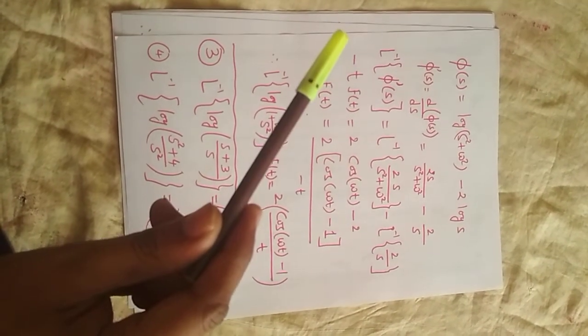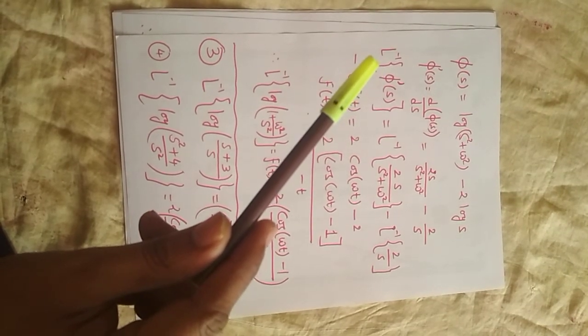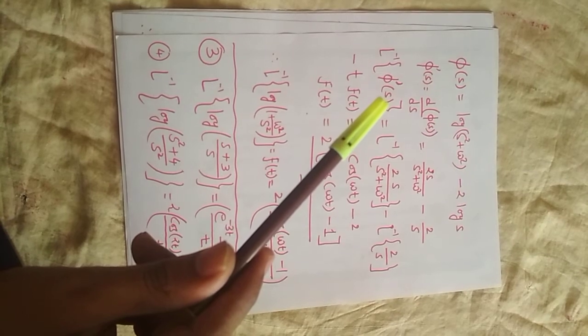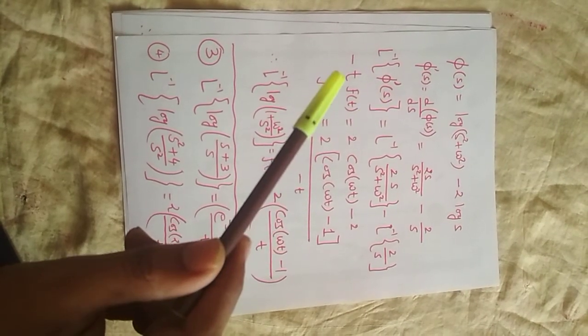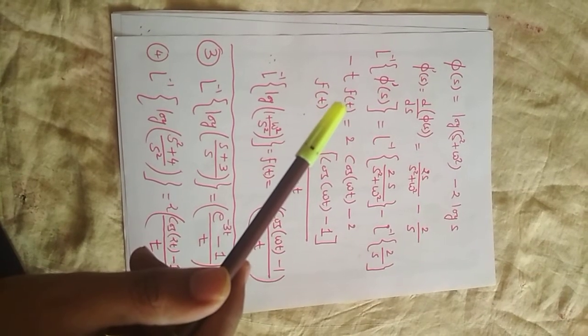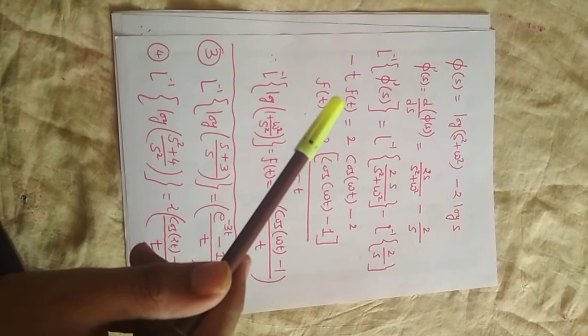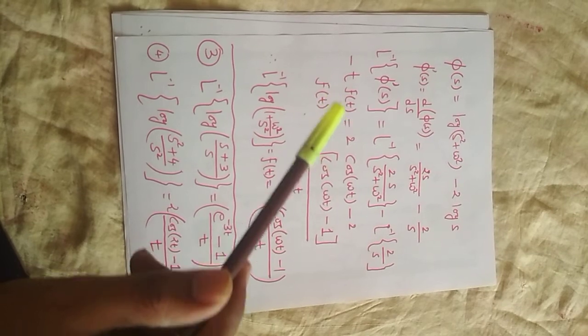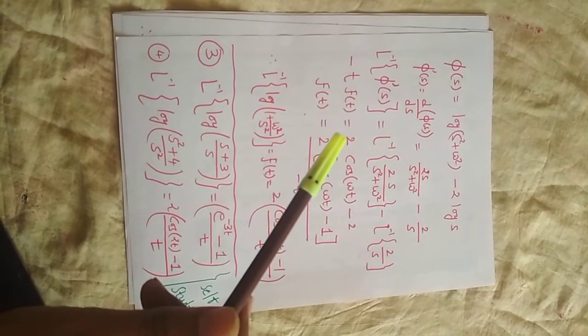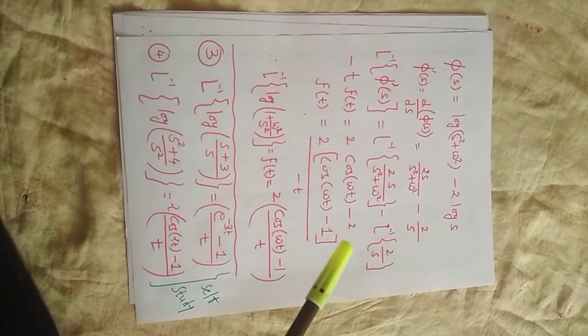Now on the left-hand side, it is the inverse Laplace of phi dash s. That means it will be minus t f(t), because the derivative is taken one time. Therefore our function is minus t f(t) equal to 2 cos omega t minus 2.